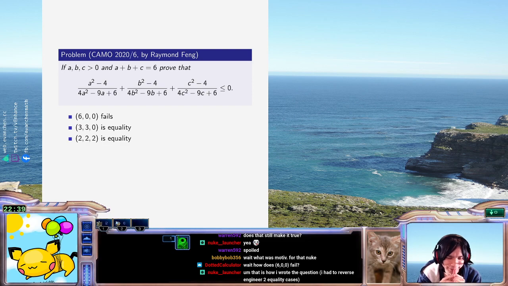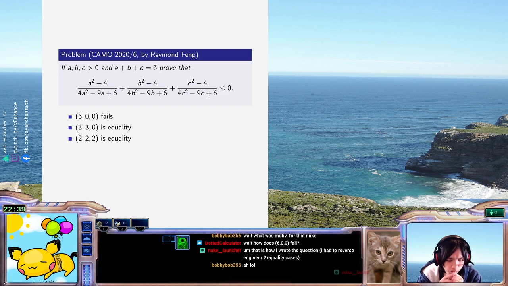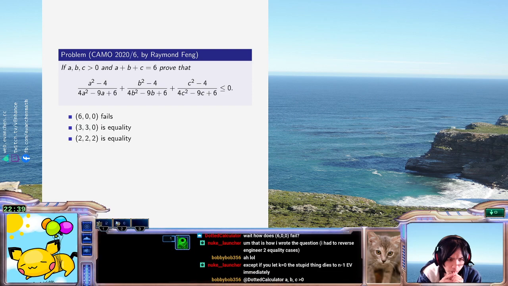I had to reverse engineer two equality cases. Yeah, you don't want to let k equal 0.